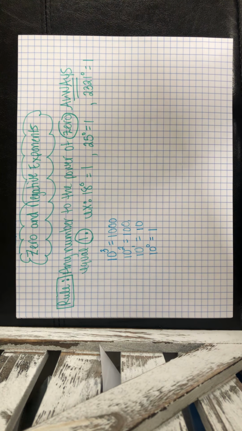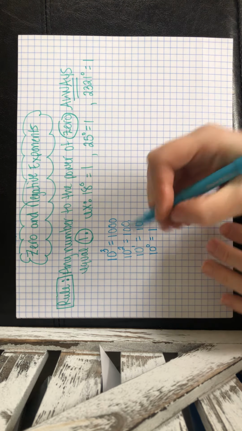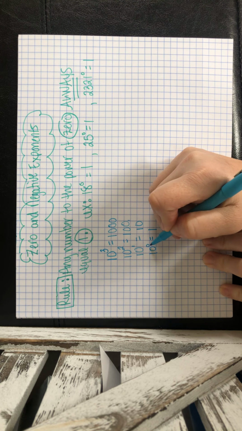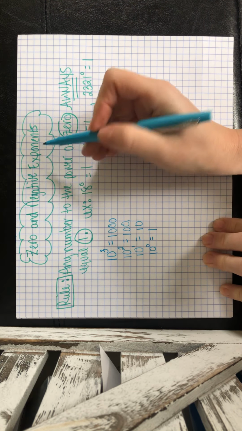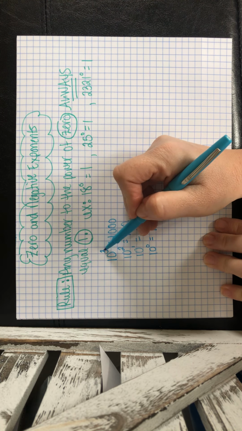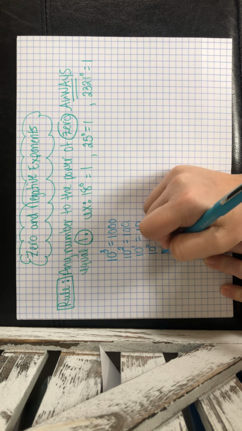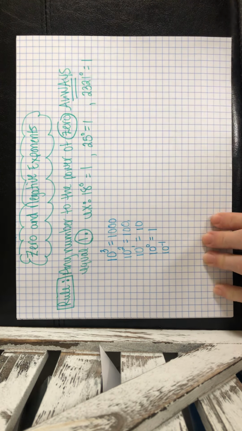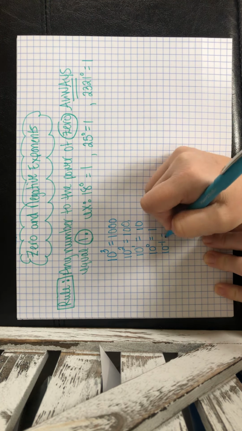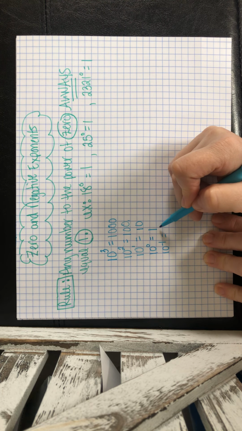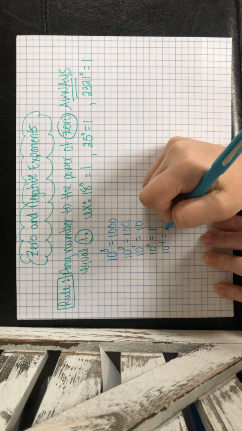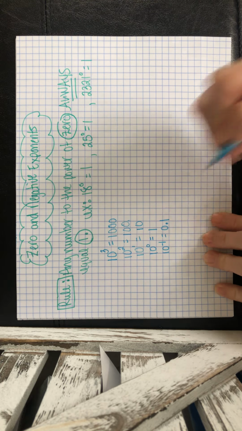Now, let's take a look. This is going to get us into our negative exponents, which is the next thing we're going to look at. So here, 10 to the third, 10 to the second, 10 to the first, 10 to the 0. The next one would be 10 to the negative first. So 10 to the negative first, if we move over, is 0.1.